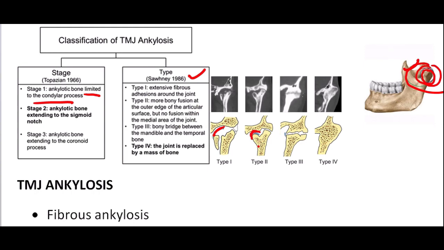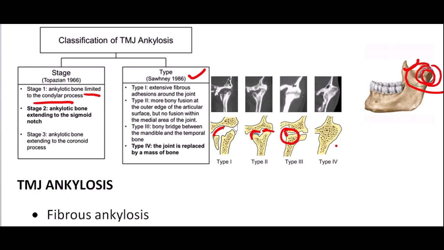So outer edge of the articular surface, but there is no fusion within the medial area of the joint. Third is the bony bridge between the mandible and the temporal bone. So when there is a bony bridge formation between the mandible and the temporal bone, it's type 3.